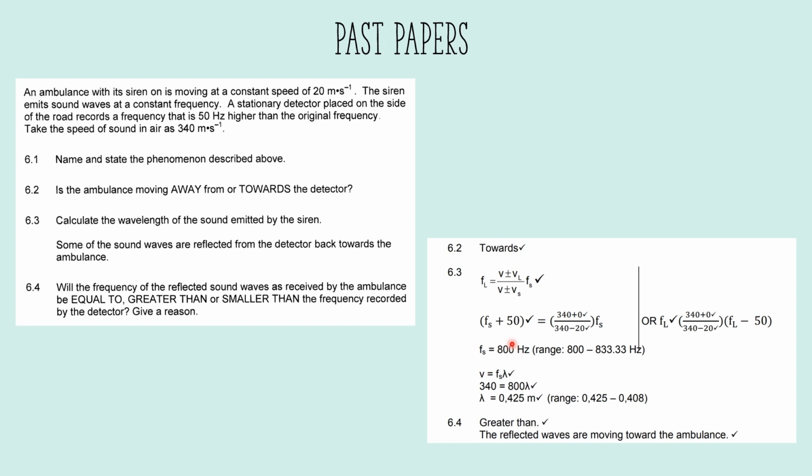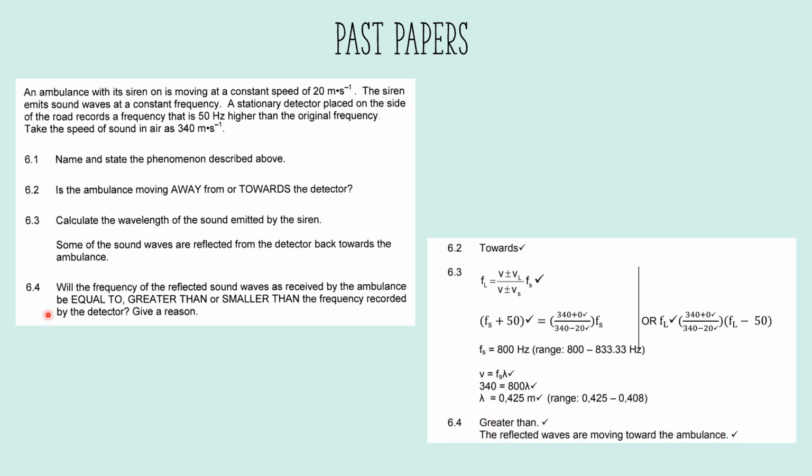You have to add 50 to it because they told you it's higher than the original frequency. So now you just solve for the frequency of the source, and you take that amount and you put it into the wavelength equation shown in the previous example, and you solve it.